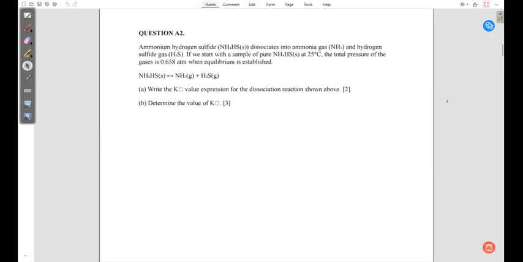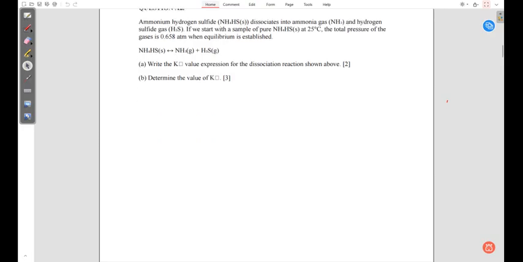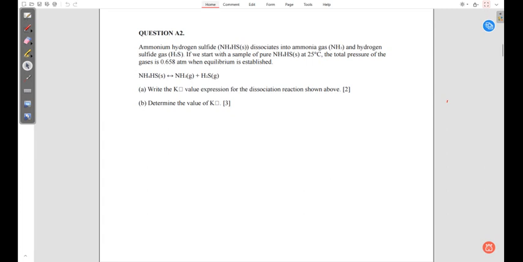Now the second question, let's read it. Ammonium hydrogen sulfide dissociates into ammonia gas and hydrogen sulfide gas. If we start with a sample of pure ammonium hydrogen sulfide at 25 degrees Celsius, the total pressure of the gases is 0.658 atm when equilibrium is established.